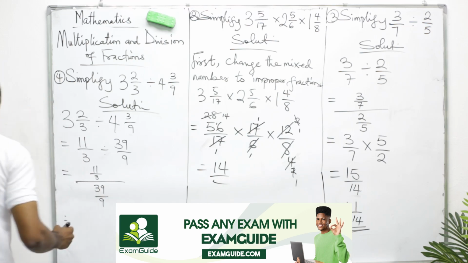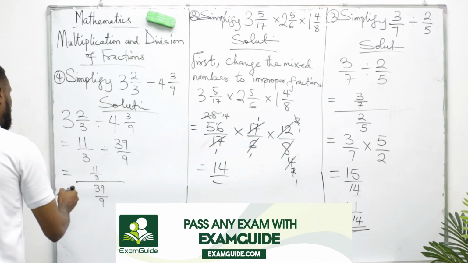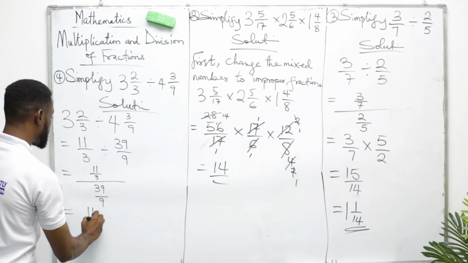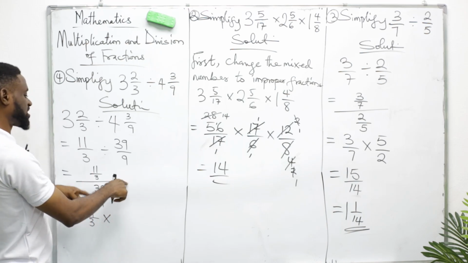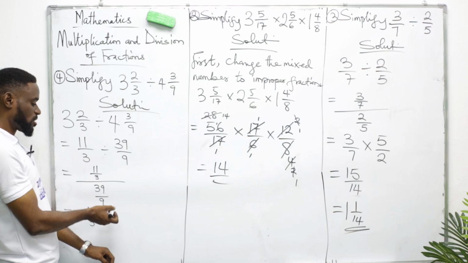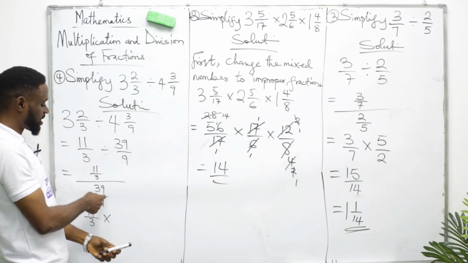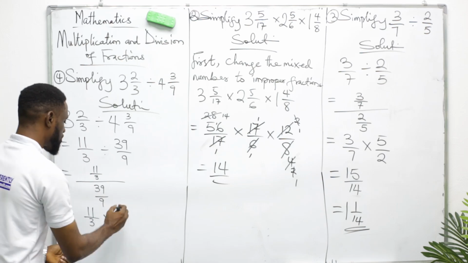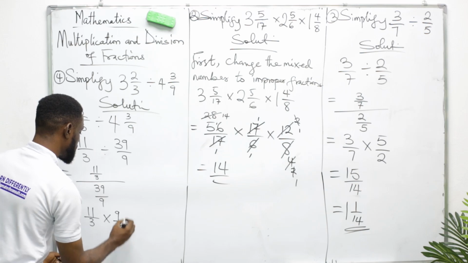Is that okay? All right. What that will mean is 11 over 3 multiplied by, this has changed to multiplication now, this division. What made it change is the multiplicative inverse of 39 over 9. So this is now 9 over 39.